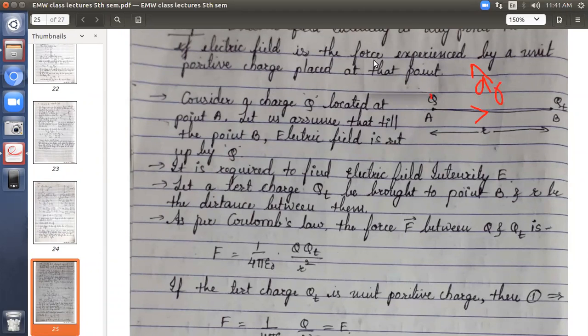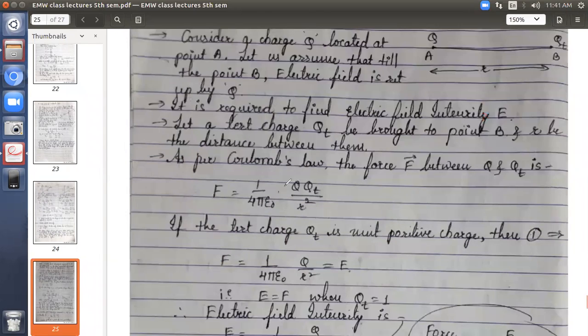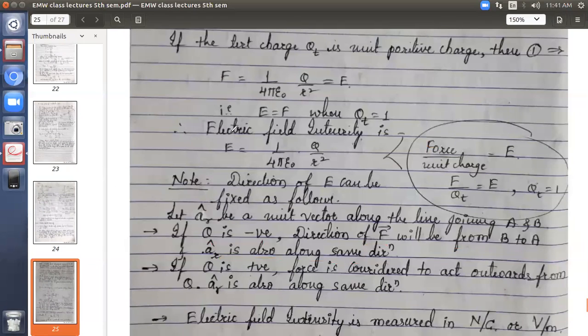This is how we fix the direction of the electric field intensity's unit vector. This is about the field definition and how to decide the direction of this unit vector and the field. Any doubts till this?